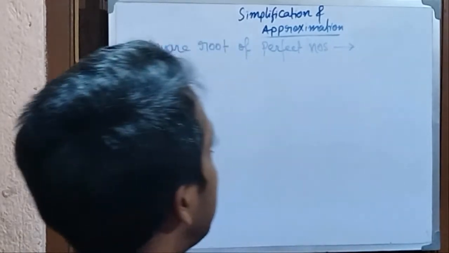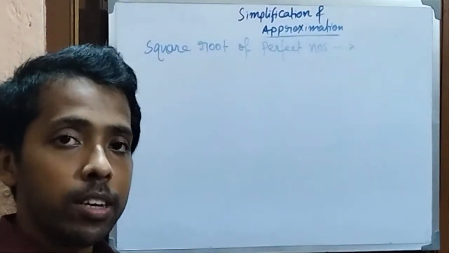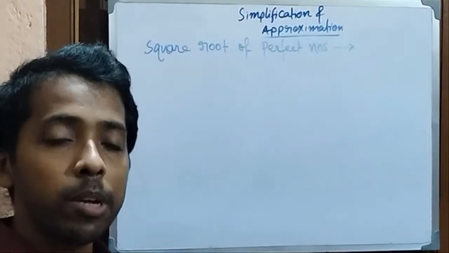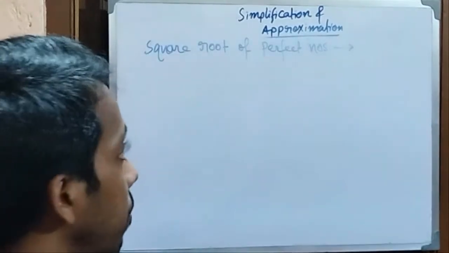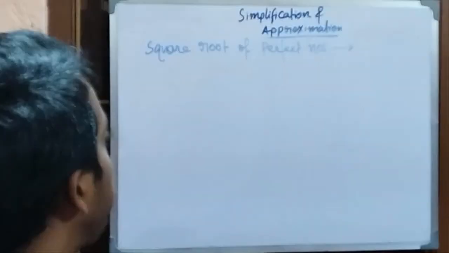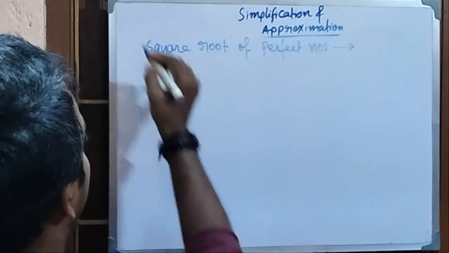Perfect number means, suppose a number say 81. 81 is a perfect number because 9 squared exactly gives 81. So this much stuff, I think, is the very bare minimum. You should understand it. Now, square root of perfect numbers.